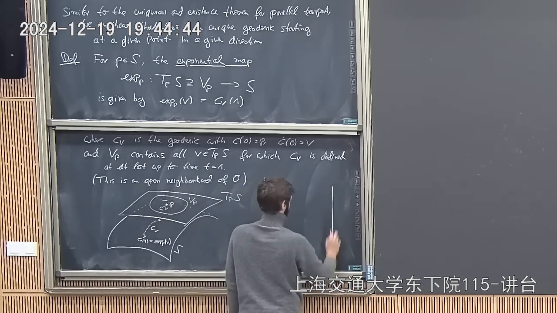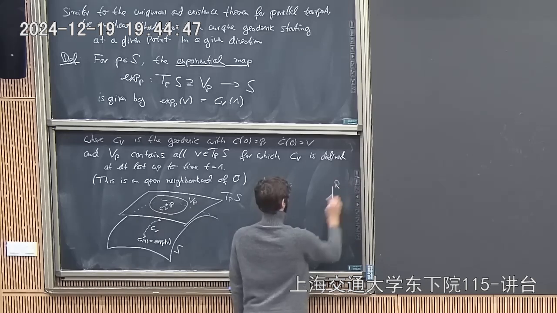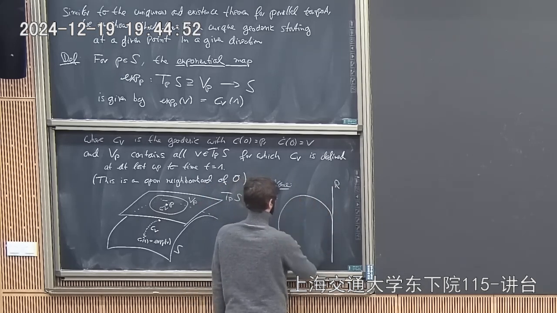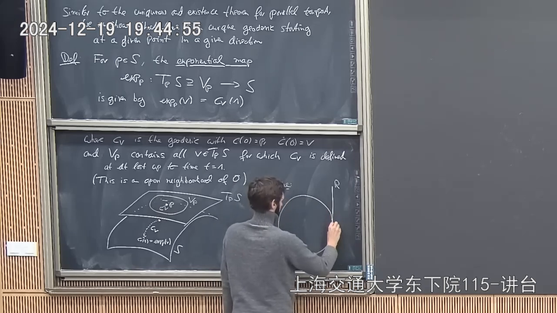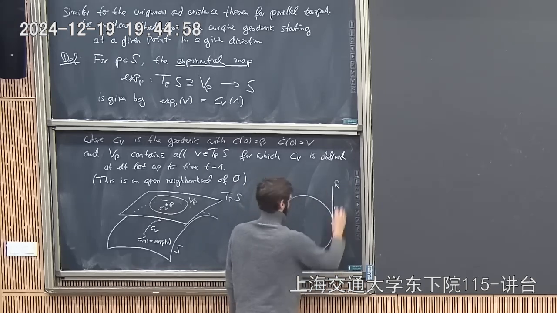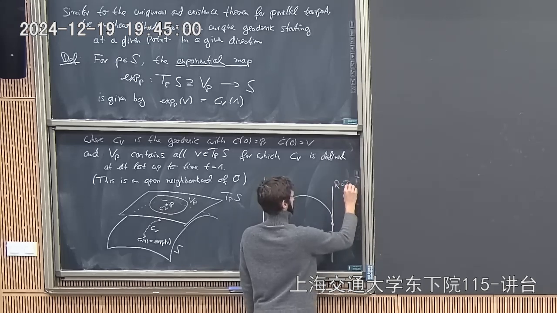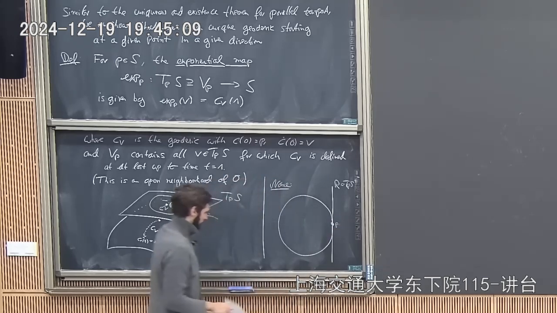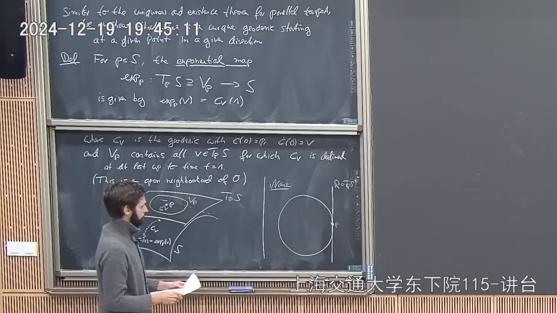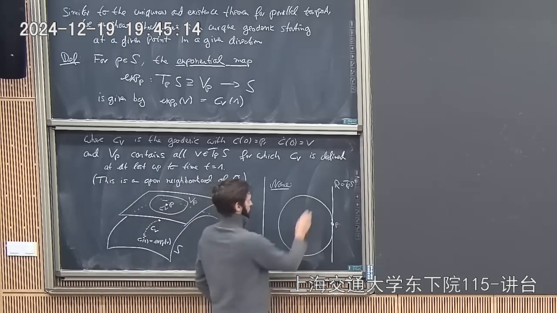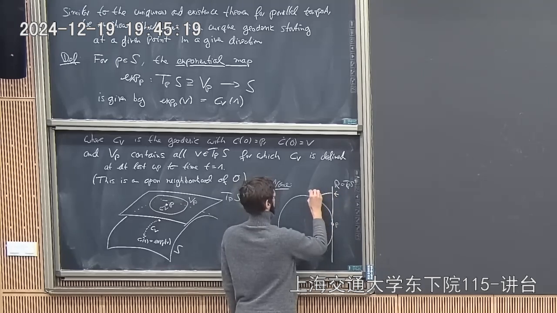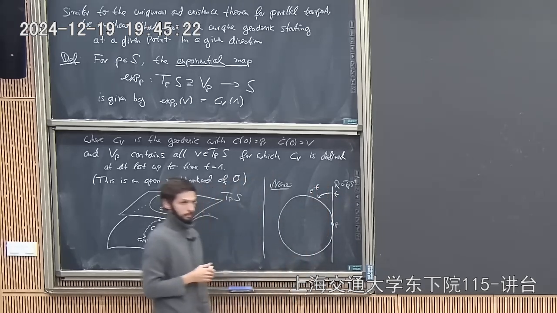You can think of the real numbers as the tangent space to the circle, or the real numbers we identify with the tangent space at this point P, and then the exponential map in terms of a certain metric gives you the map that maps t to e^(it).